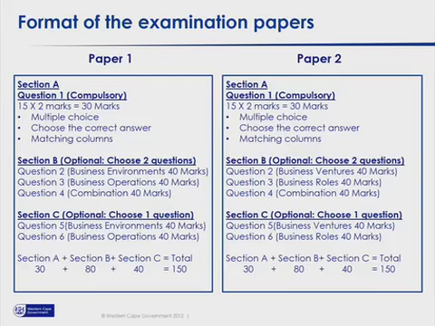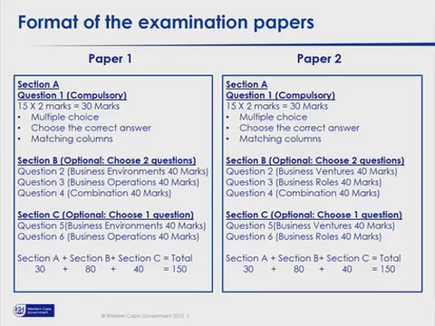For paper 2, section A has the same format: 15 questions in the form of multiple choice, choosing the correct answer, and matching columns, 2 marks each, so section A is worth 30 marks. In section B, question 2 will only be on business ventures, so all the topics under business ventures will form part of question 2.